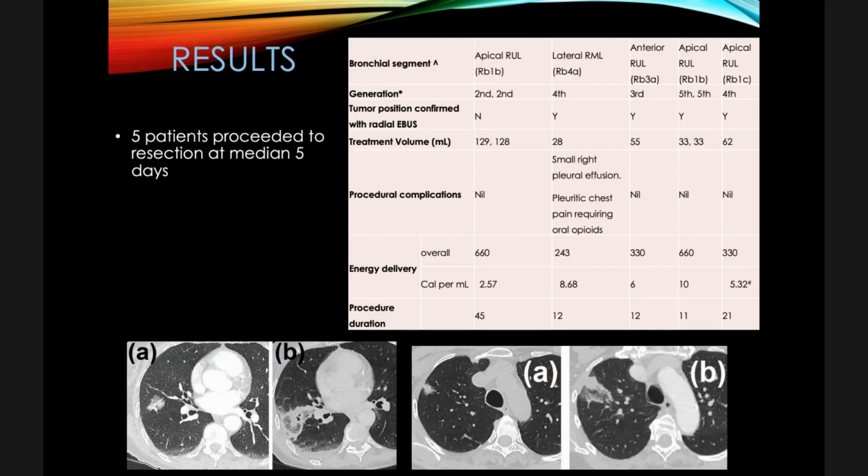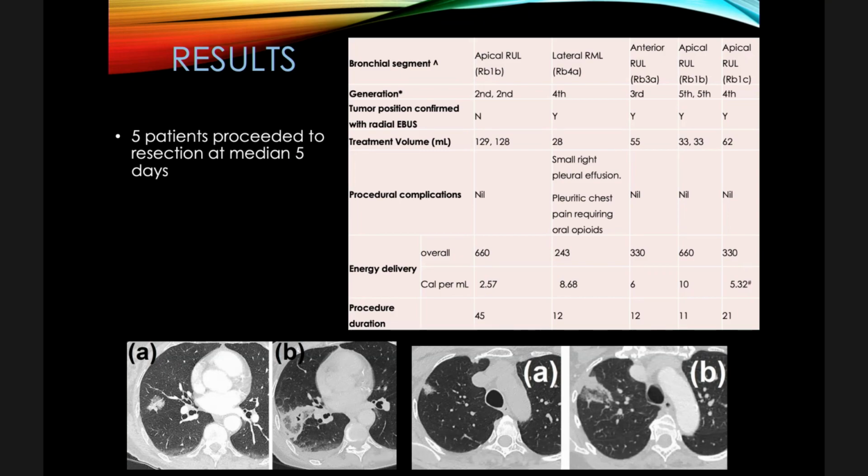The treatments were all on the right at varying levels of generations, and the generation there is from the lobar bronchus. So 4th generation, for example, corresponds to in fact a 7th order airway. 4 out of the 5 patients, as I mentioned, had their tumour position confirmed via radial endobronchial ultrasound.